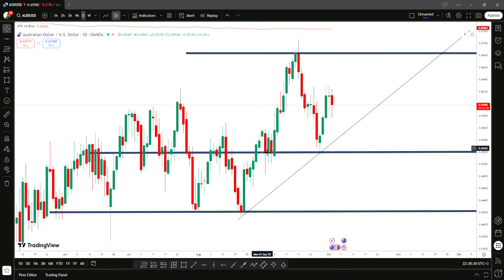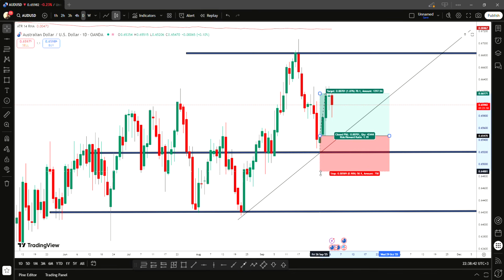After getting an indecision candle, there are two ways we can enter our trades. The first one is clear and straight to the point. You enter from here where the indecision candle closes, and then put your stop loss below the indecision candle. That would be a stop loss of around 30 pips, and then you'd be targeting all the way up to here.